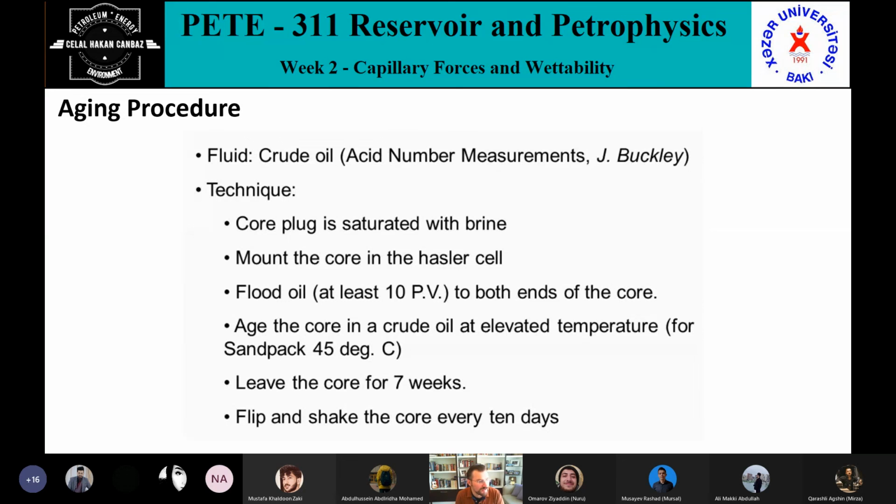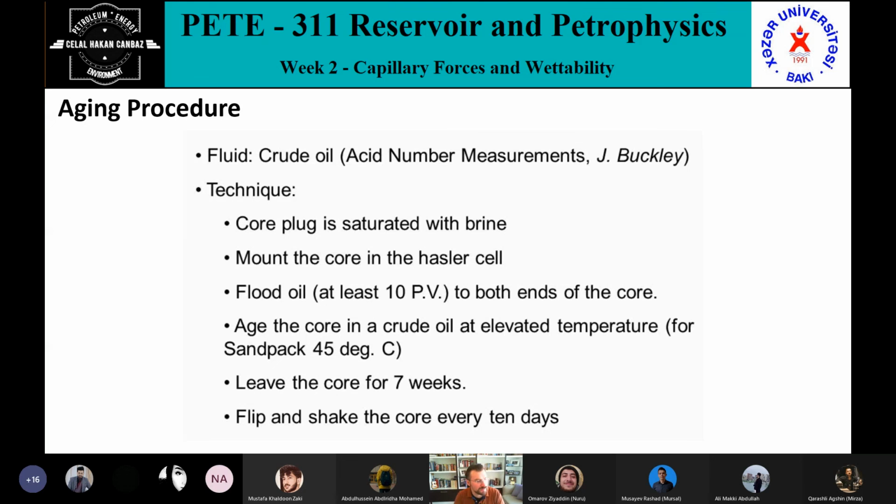And then you age the core in crude oil at an elevated temperature. For example, it says here 45 degrees. When I was doing this, I was using much more, up to 70 degrees, in soak cells. There are soak cells which give heat from the lower part, and you age your cores for 7-8 weeks.